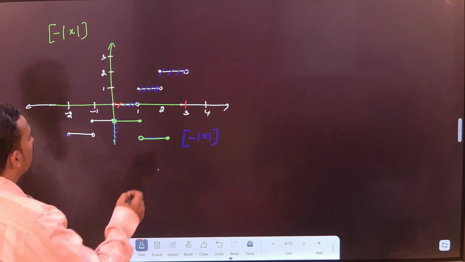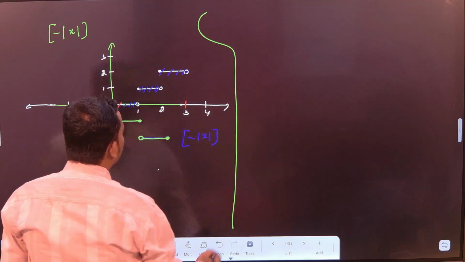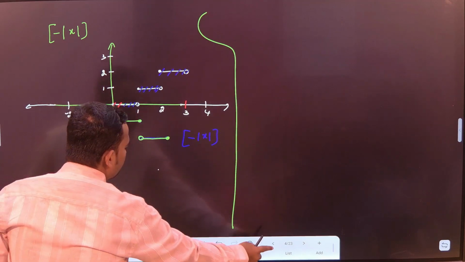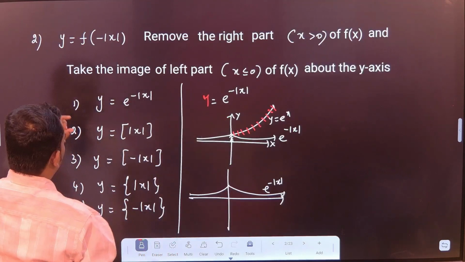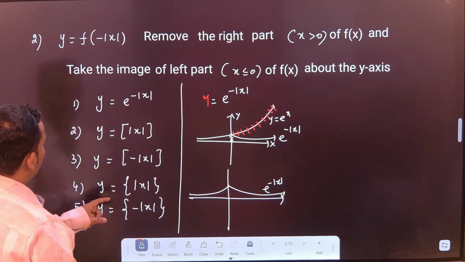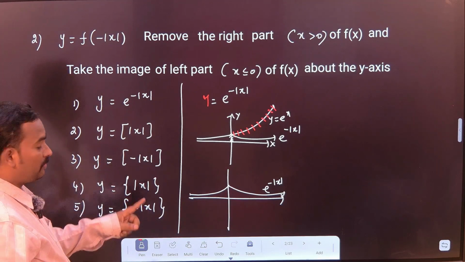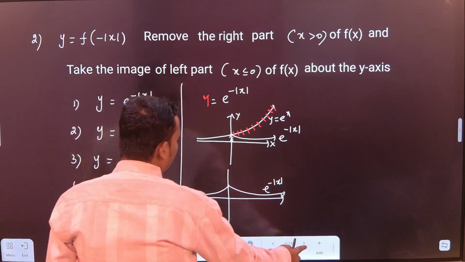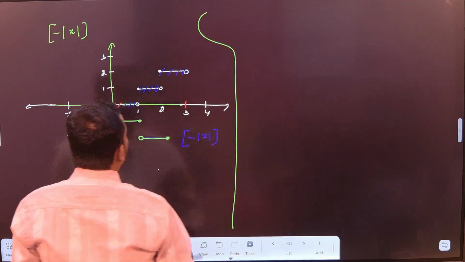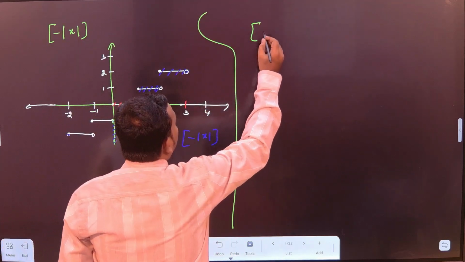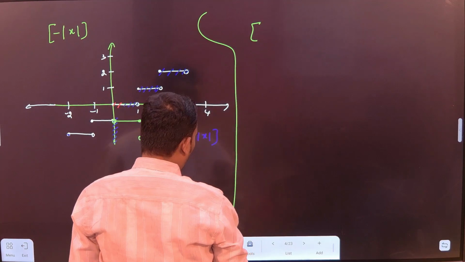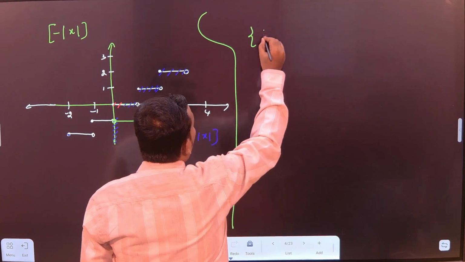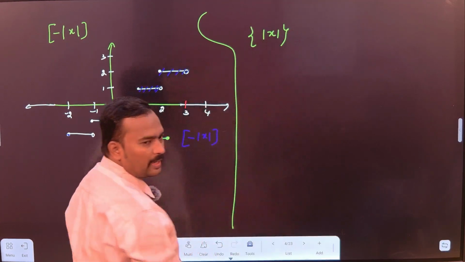Okay. So next, the next graph is what? Y is equal to the fractional part of mod x. So the fractional part of mod x we need to draw, right?